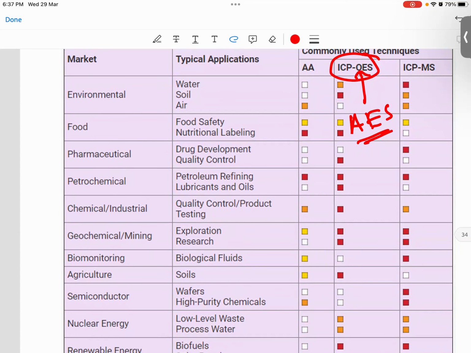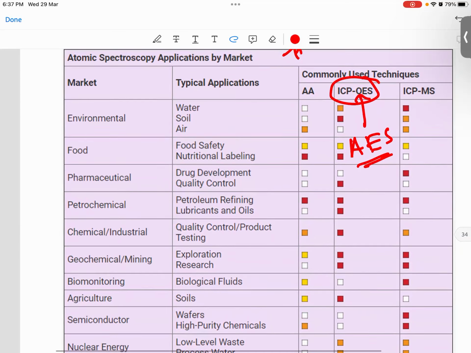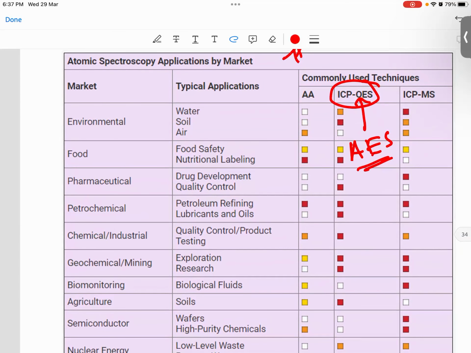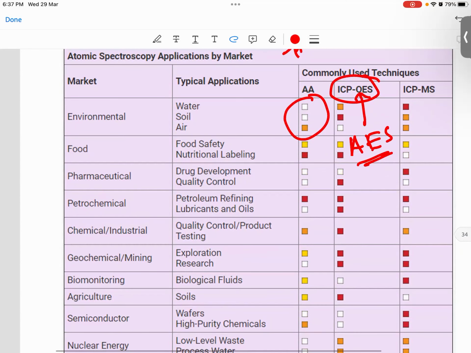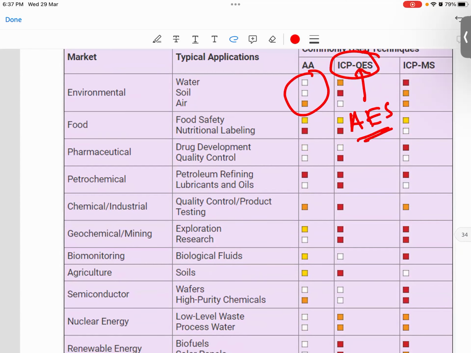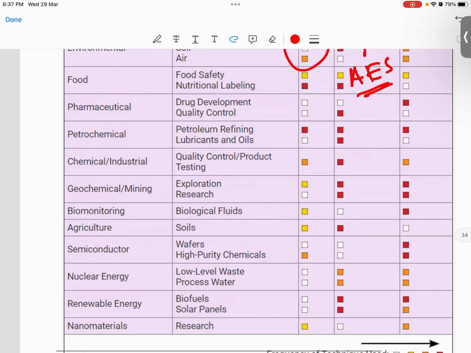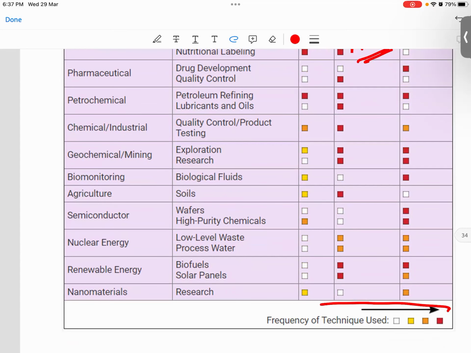So now if we look at the robustness, how robust, we can see that AAS is quite limited, okay? So the most robust are ICP OES and ICP MS. You can see that this is the indicator of the frequency of the technique being used.